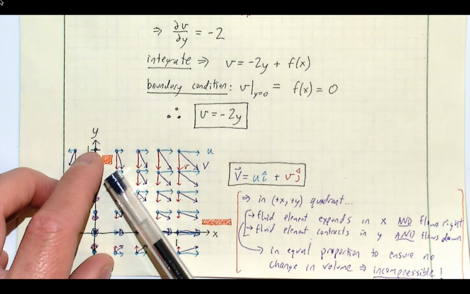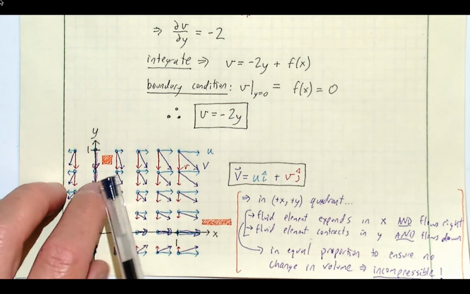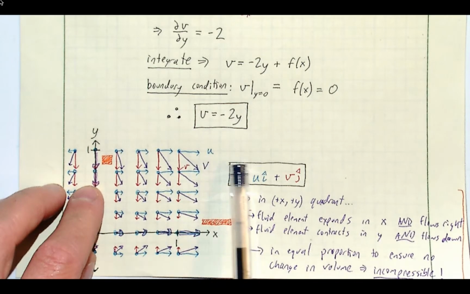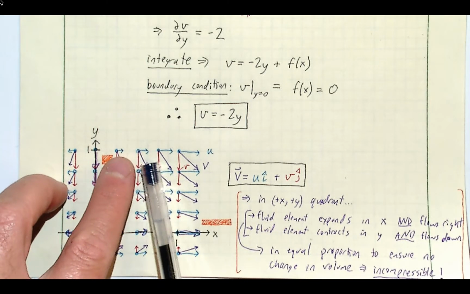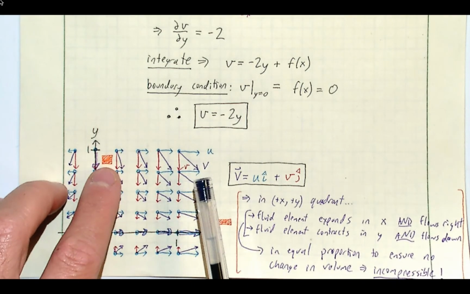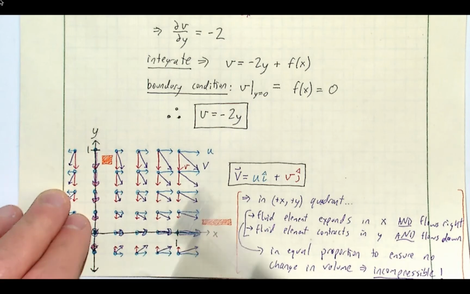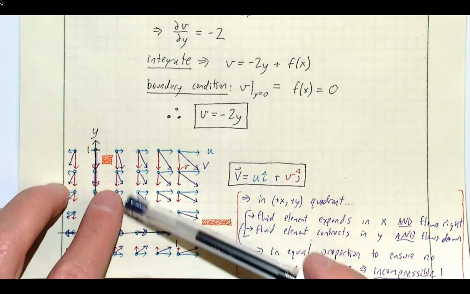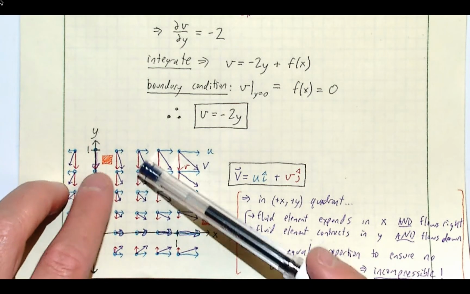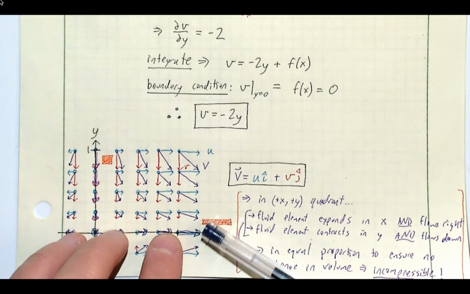We start an element up here. Well, it's going to be hit by a horizontal velocity that increases as it goes this way. And since it's increasing in its velocity, we know that it will be expanding in this x direction. At the same time, it's also going to be hit by a vertical velocity downward. All of our red arrows are downward. That slows down as we get closer to the x-axis.